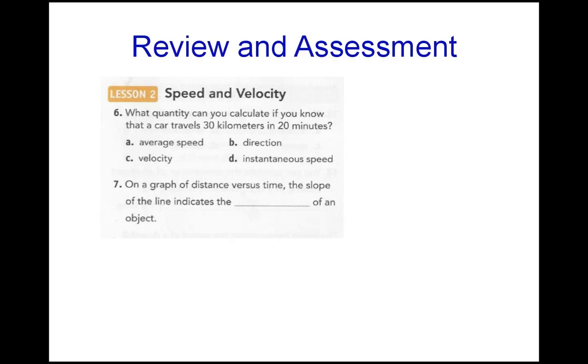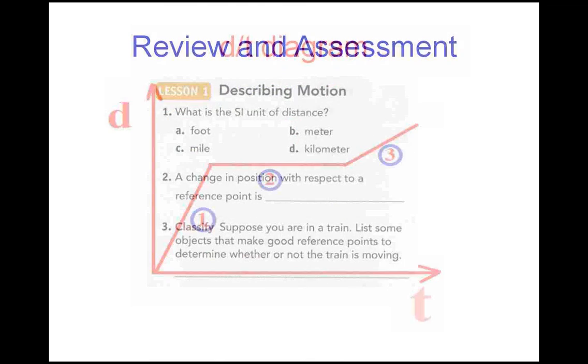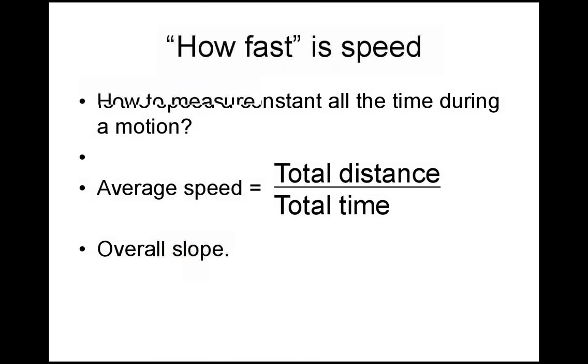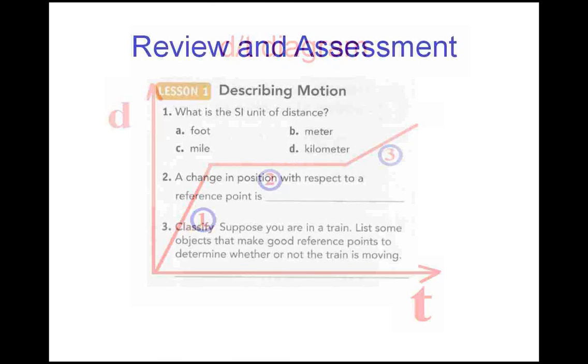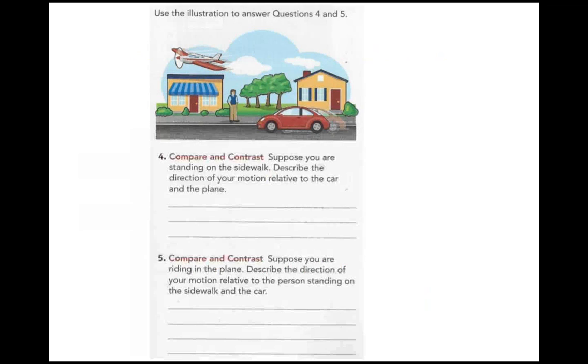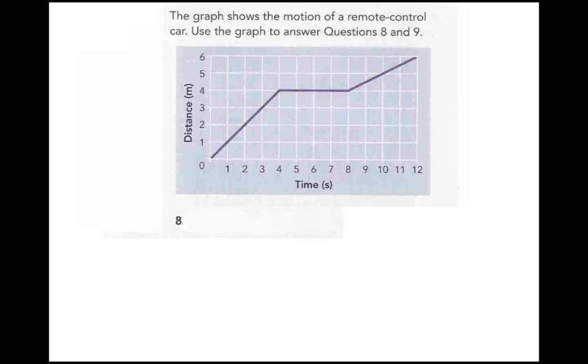So how do you combine distance and time? Use the formula we used. This is speed, right? So then which one can we calculate now? Average speed. On the graph of distance versus time, the slope of the line indicates the speed of an object. Okay, that's good.